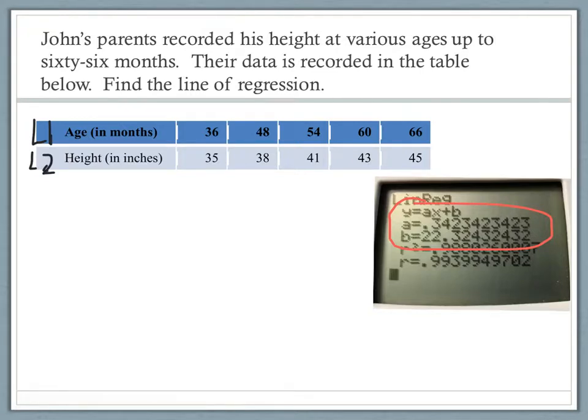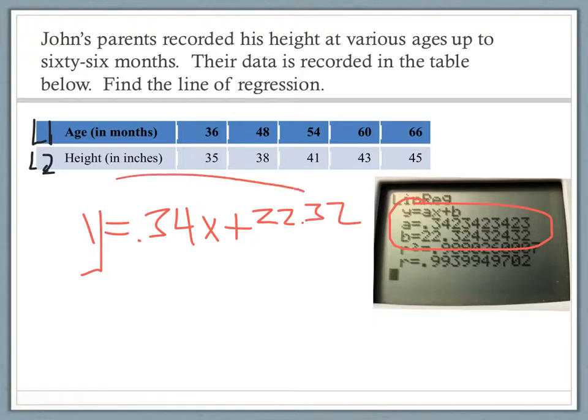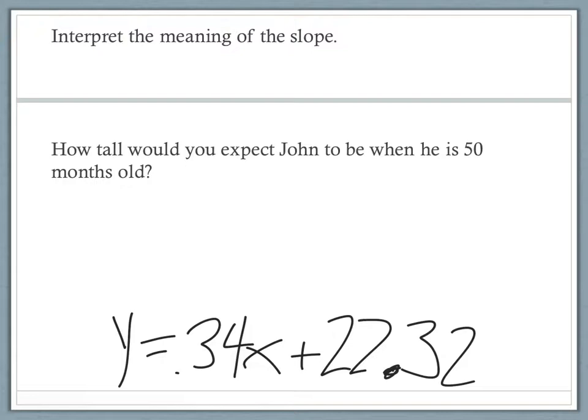Okay, so we're going to go ahead and rewrite our equation, because the linear regression is just an equation of a line. So we're going to do 0.34x plus our b, which is our y-intercept, 22.32, and that is the equation of our regression line. Okay guys, let's take a look at this. Let's interpret the meaning of the slope of this regression line.